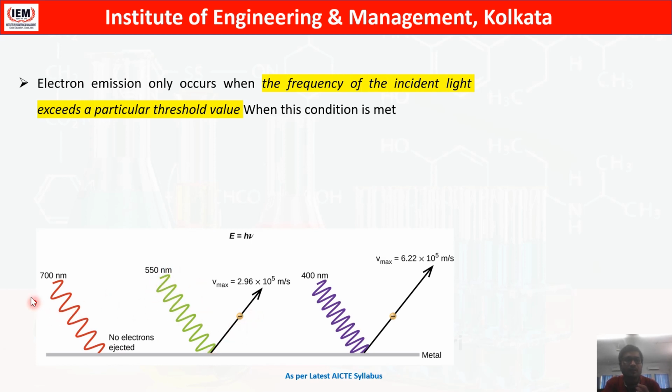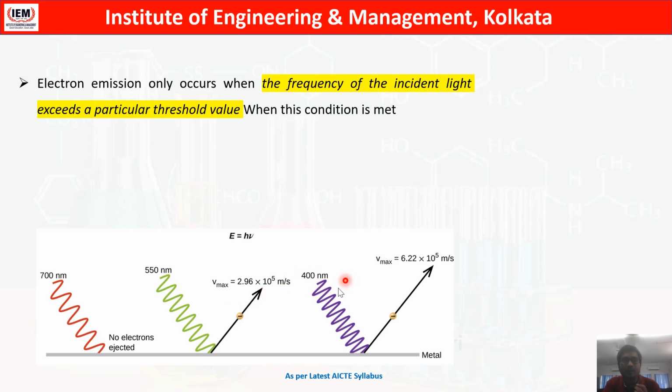That means the energy of the first light is not sufficient to eject the electrons. That means there is some threshold energy which has to be exceeded, and only then it is possible. And if you hit 550 nanometer light, the electron speed is 2.96 times 10 to the power 5 meters per second.